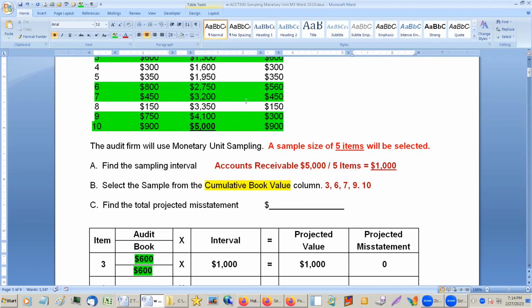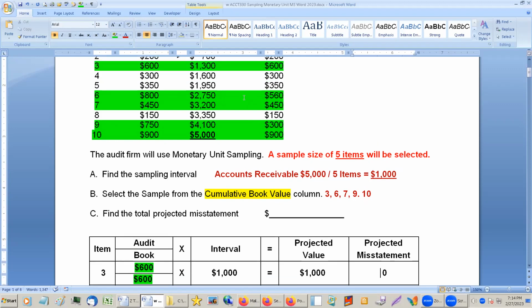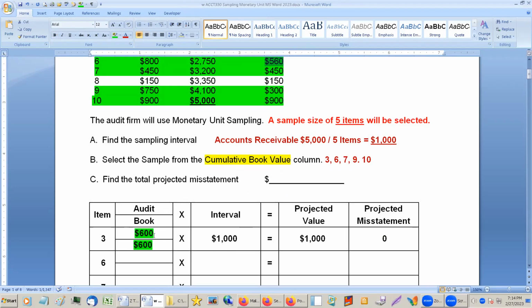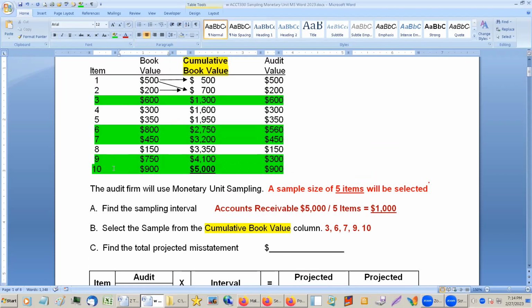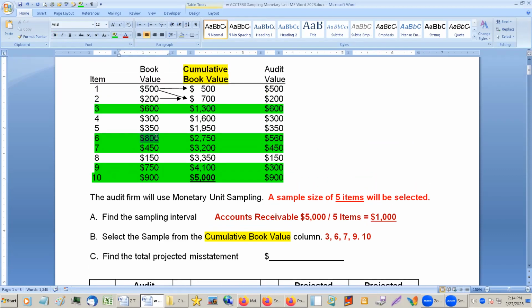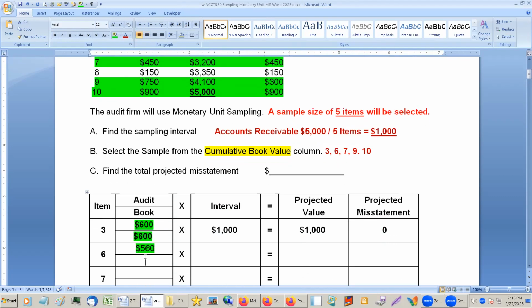Okay, let's go to number 6. The audit amount is 560 and the book value is 800. So those are not the same.